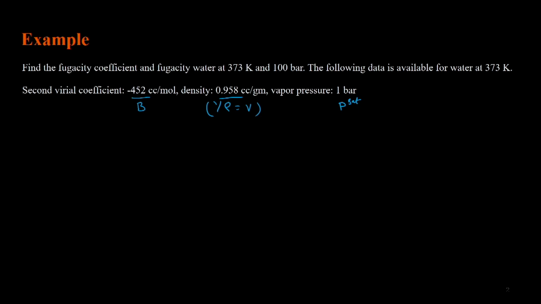So the first thing we do is write the equation we just derived, which reads: the fugacity of liquid, I'll omit the subscript i, we just have one species anyway, is the fugacity coefficient at the saturation condition times the saturation pressure times the Poynting correction factor, which reads exponential of the volume of the liquid times P minus P sat over RT.